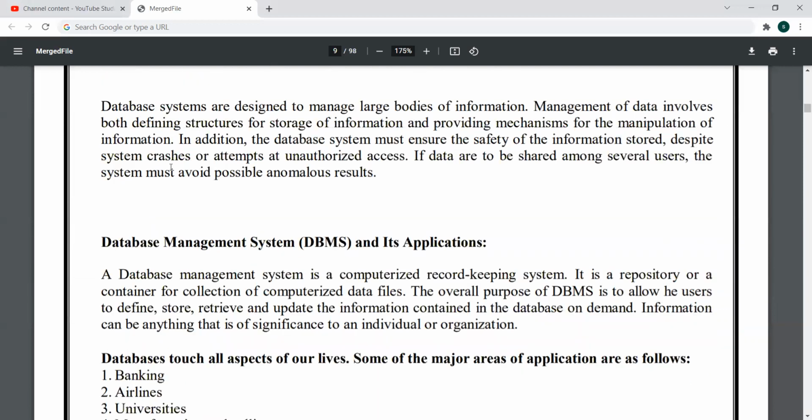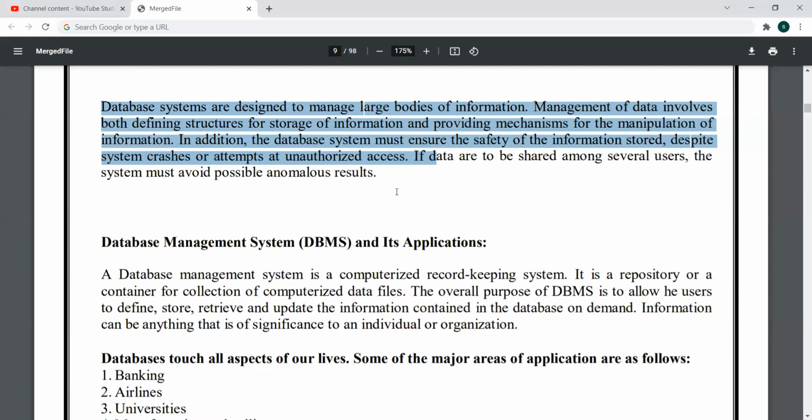Database systems are designed to manage large bodies of information. Management of data involves both defining structures for storage of information and providing mechanisms for the manipulation of information.